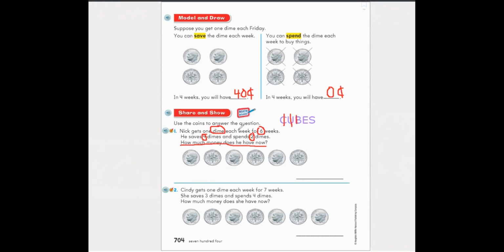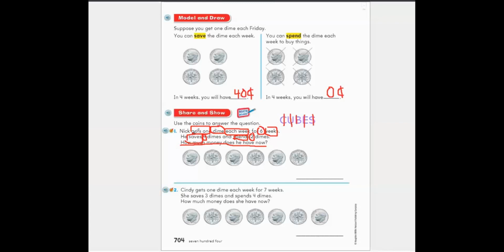Box the keywords. Nick gets 1 dime each week for 6 weeks. He saves 4 dimes and spends 2 dimes. Now, my strategy and my solution.